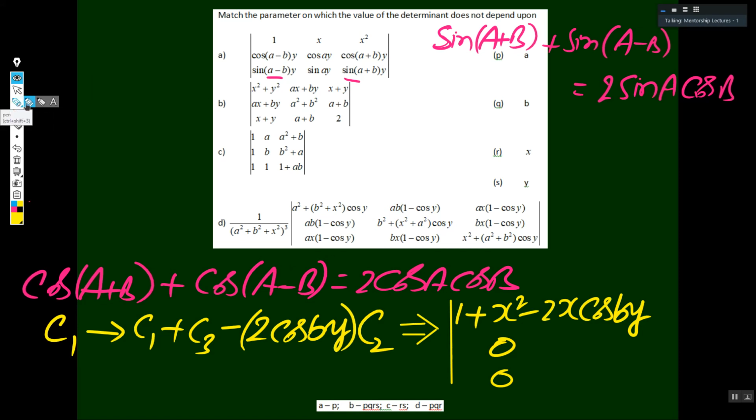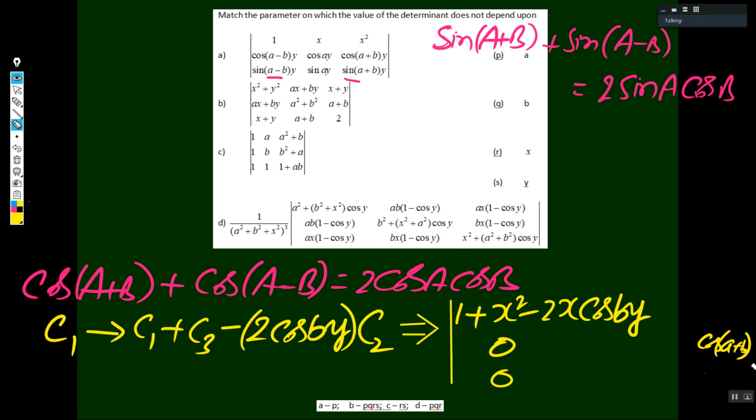And rest of them as it is. You need not touch the remaining, because you got 2 zeros here. Let me rewrite it.